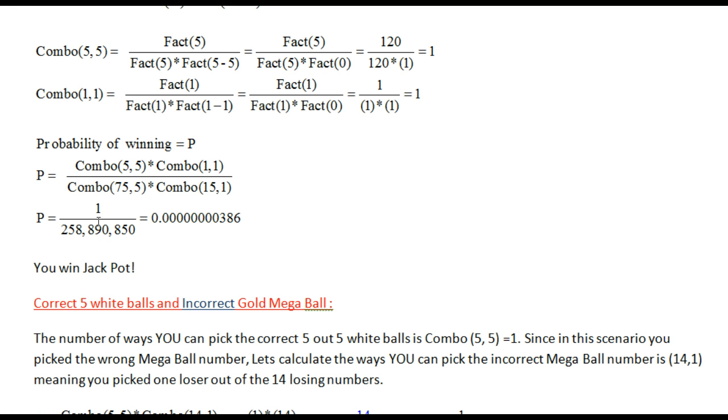So some people say, well, the odds are better if more people are playing or less people are playing. It has nothing to do with that. The odds of winning are based on the combination of numbers. And the mega ball is 1 through 75. Okay? And so that's what your probability of winning is, based on those numbers.